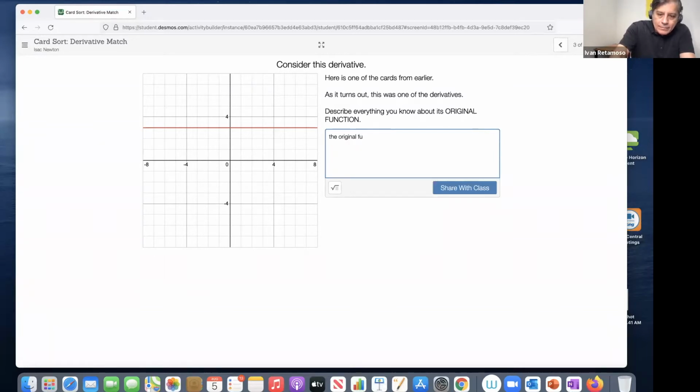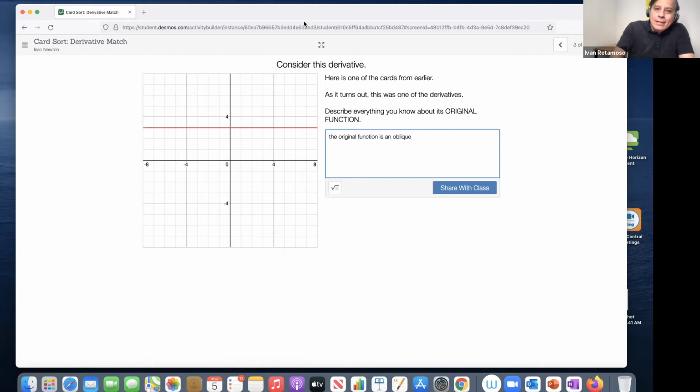Function is an oblique line. Yeah, what was that, Sarah? I wanted to ask, would it be correct if you said the slope is 0? Yeah, the slope of this graph, but the problem is that you are supposed to describe not this graph, but the function whose derivative is this.